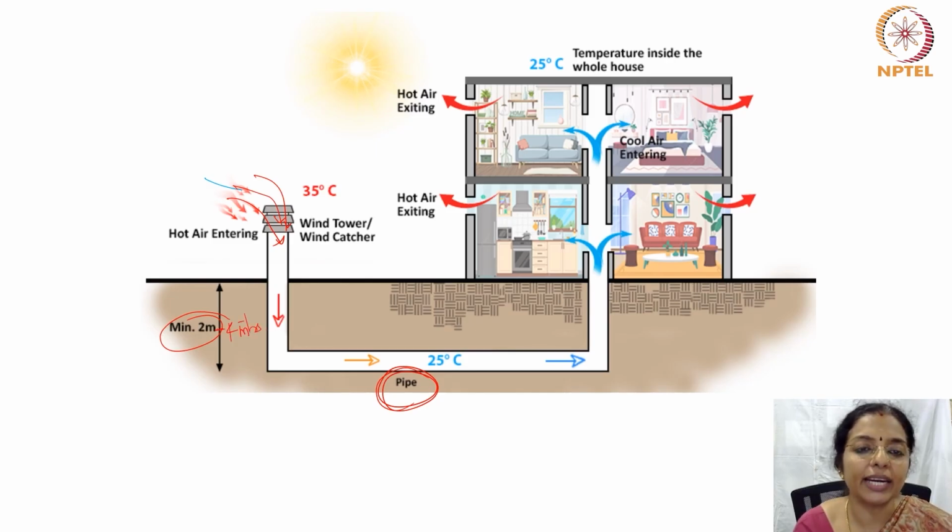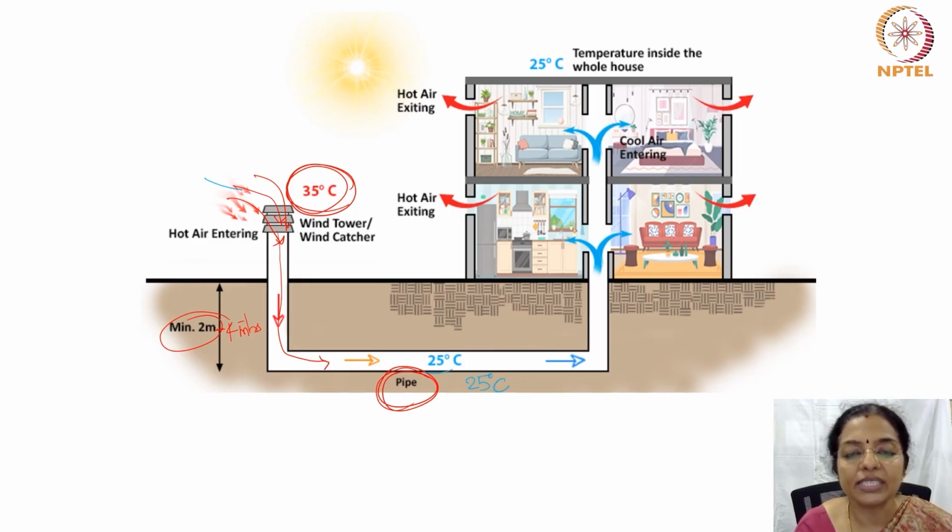It is buried and the hot air flows in through this pipe. When it flows in through this pipe, suppose the temperature outside is 25 degrees centigrade, and for this place the soil temperature is about 25 degrees centigrade.